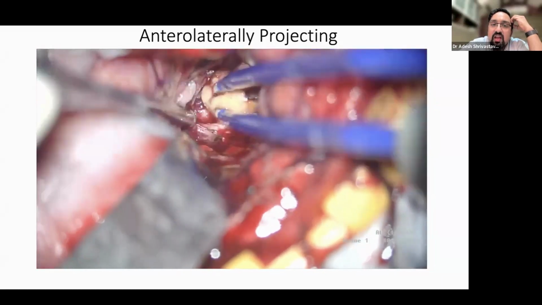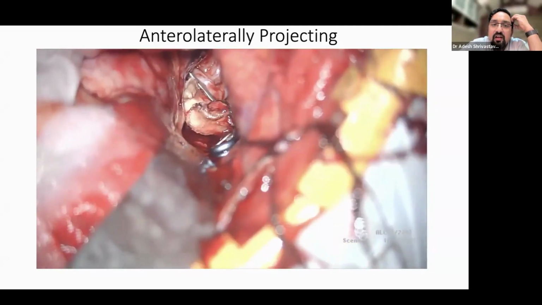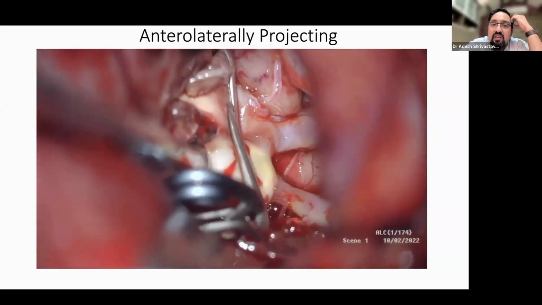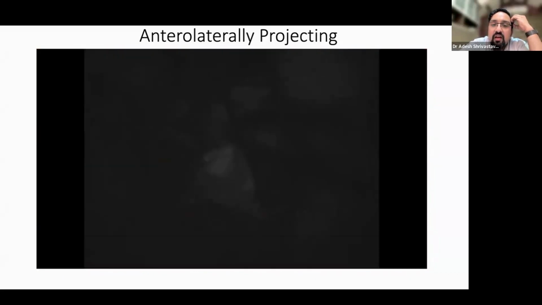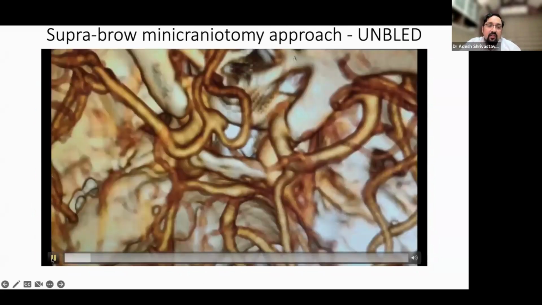The perforators have been dissected out, and finally we can put the clip. And once the clip has been put, the positioning is reconfirmed, and an ICG is done, which shows that we could completely clip it.